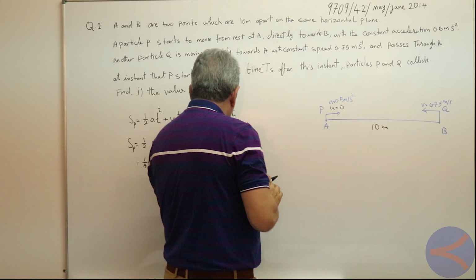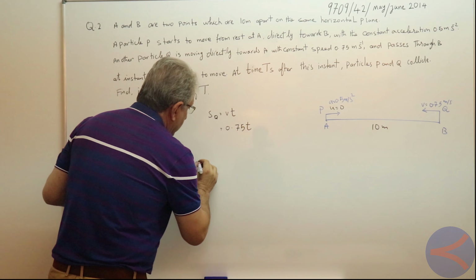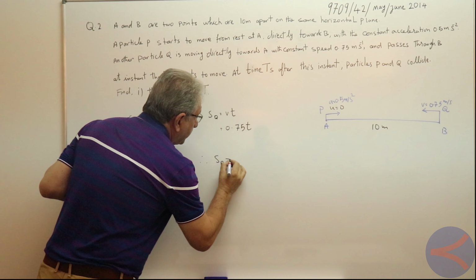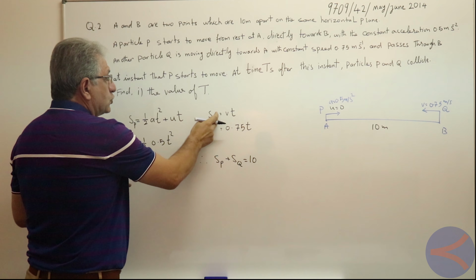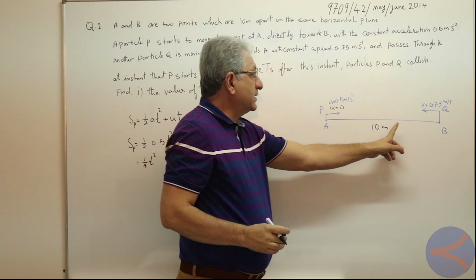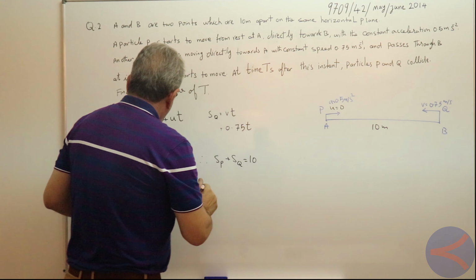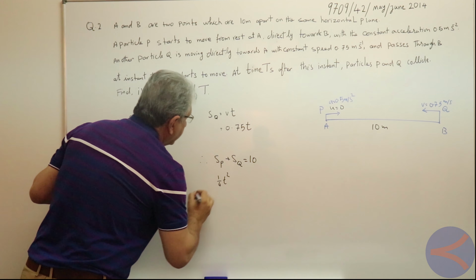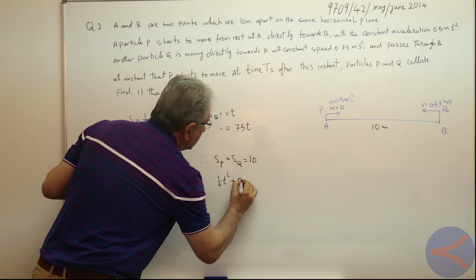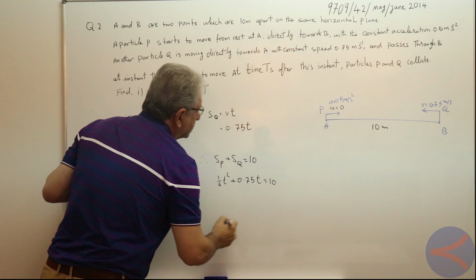Therefore, SP plus SQ should be 10 meters, because both of them have traveled the whole of AB. So we have 1/4 t squared plus 0.75t is equal to 10.